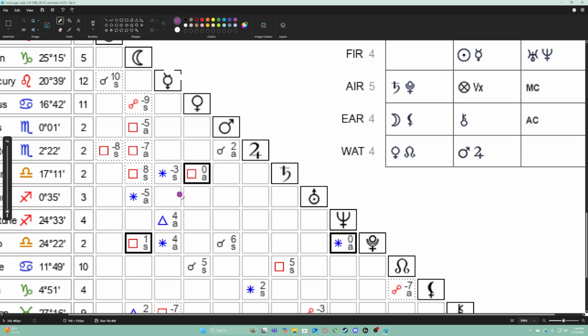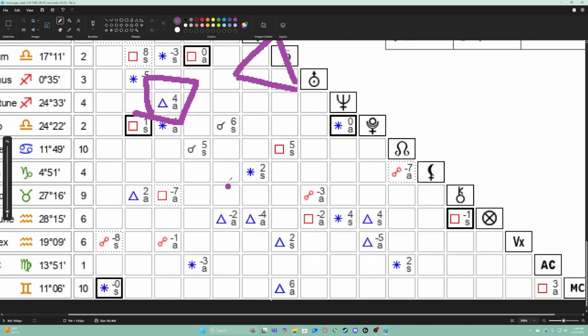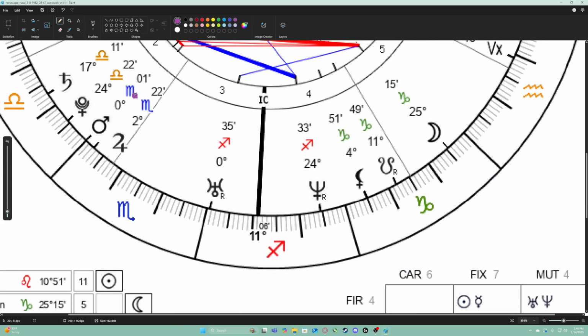Trines are like this. It's a triangle. You can hear it in the name, trine, triangle. You can say trine or trine. I kind of go back and forth for some reason. It's like my dialect changes. But yep, it's a triangle.